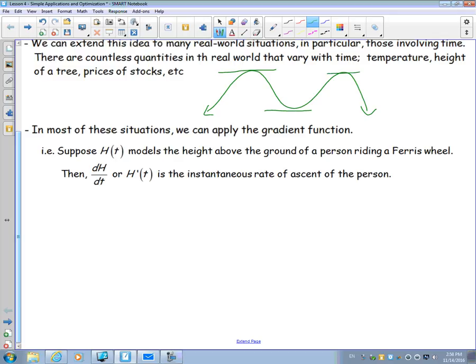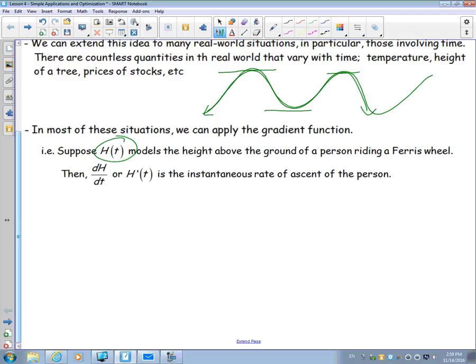Okay, so for one example, suppose h(t) models the height above the ground of a person riding a Ferris wheel. They go up and down and up and down and so on. Well, our derivative would tell us how the height is changing at any single point along that function. If I want to figure out how the height's changing using my derivative, I can figure out, is it a positive, a negative, or a 0?